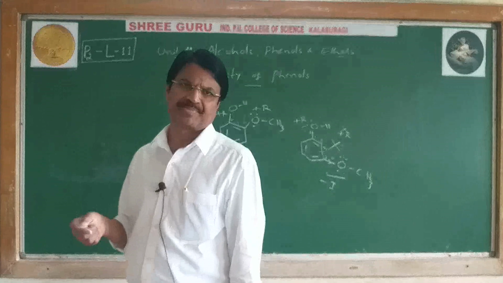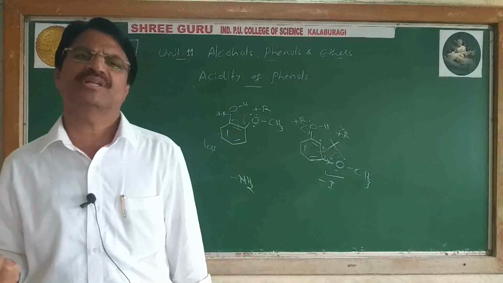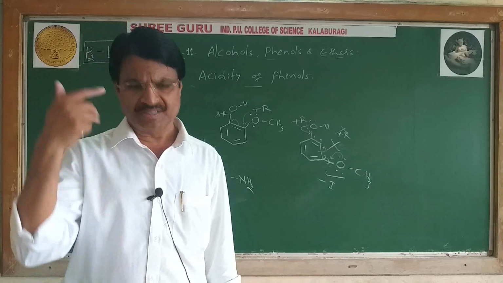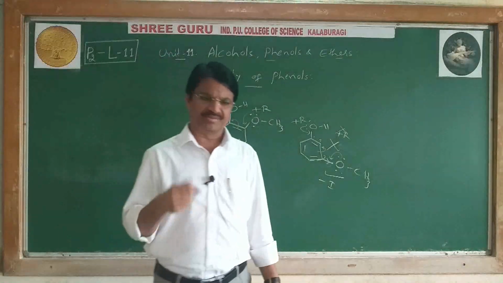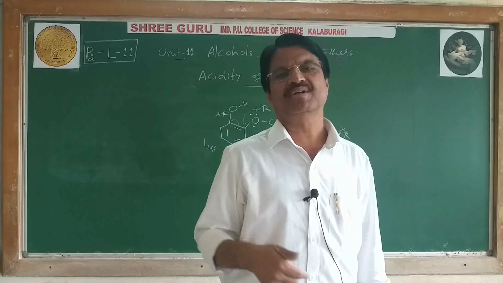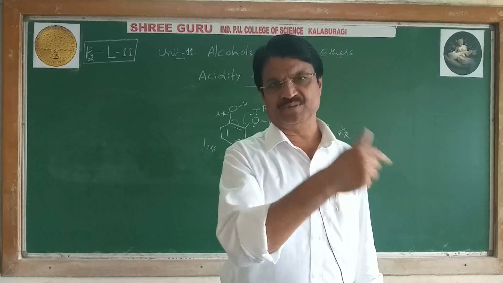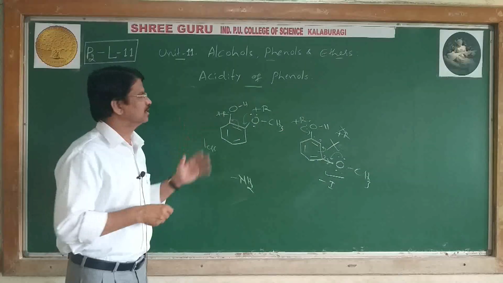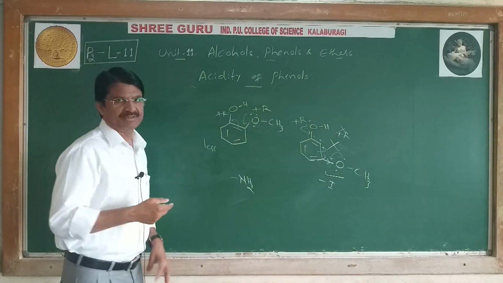That you can write. Give a reaction to show that phenol is acidic. Then write the best example using sodium or even NaOH. Phenol reacts with sodium hydroxide to form sodium phenoxide and water, or phenol reacts with sodium metal liberating hydrogen gas and sodium phenoxide. This type we can write as answers in case of acidity of phenol.